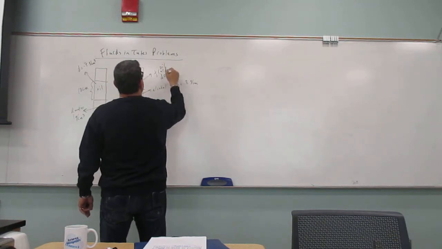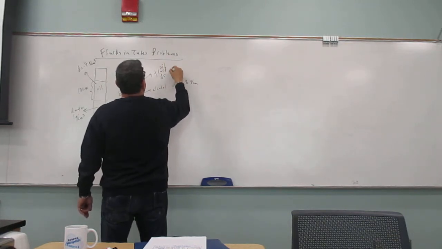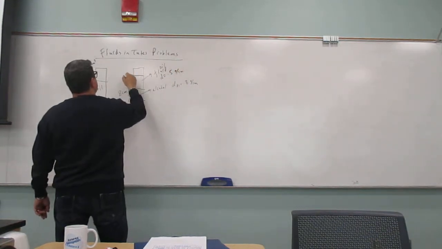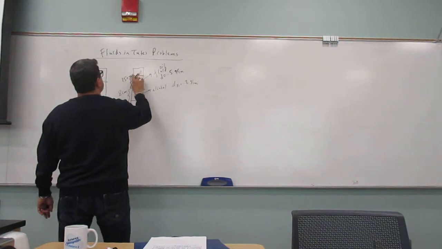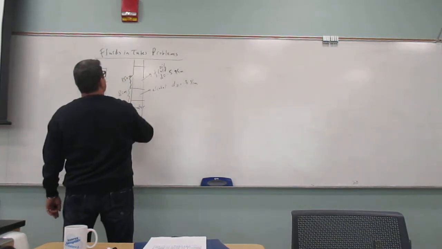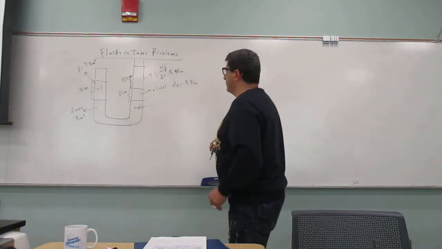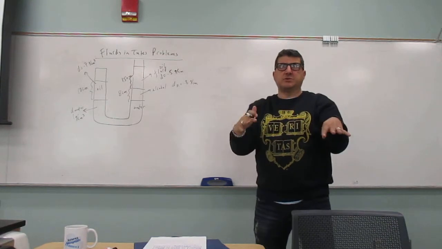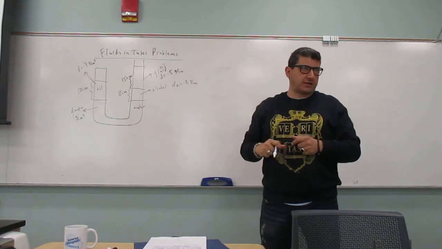Let's say that one has density 0.5 gram per cubic centimeter, 15 centimeters of that. Gasoline. Okay, so after it's all settled and this thing comes to equilibrium, what will the picture look like?